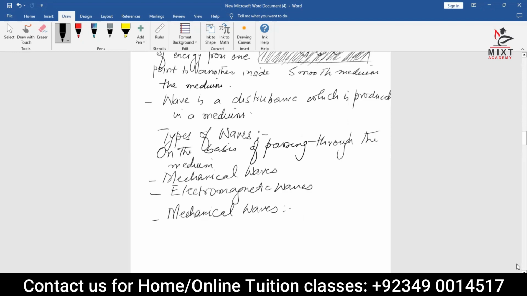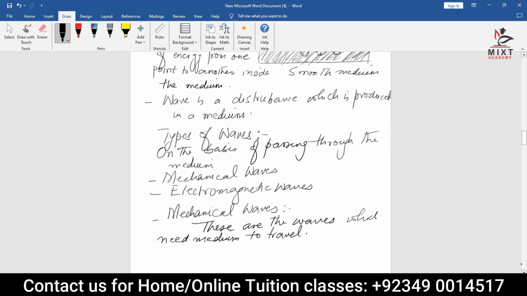Anyone have any idea what is mechanical wave? These are the waves which need medium to travel. Now, what does it mean is, for example, if you're talking about sound waves, you need air for that.